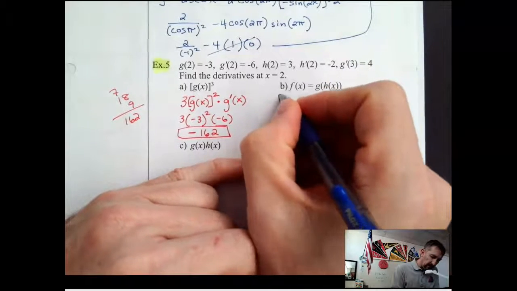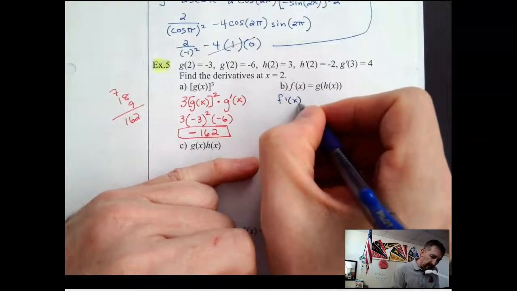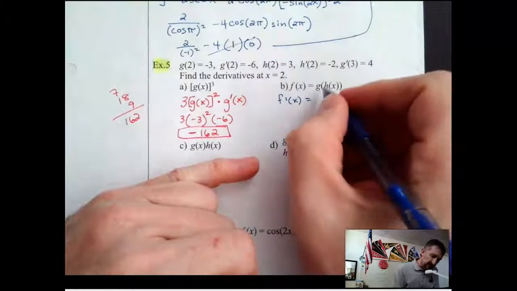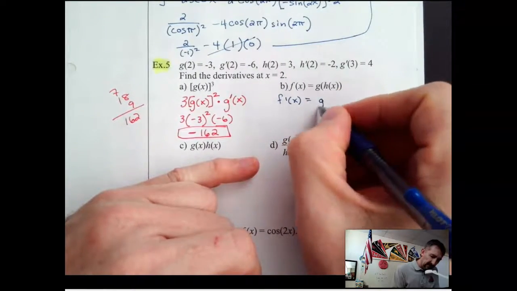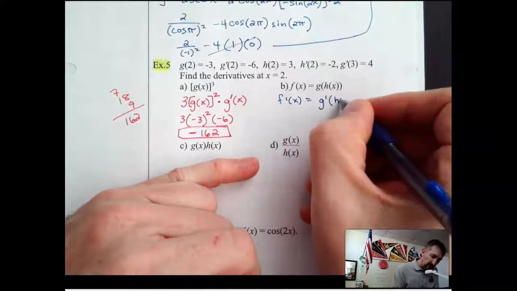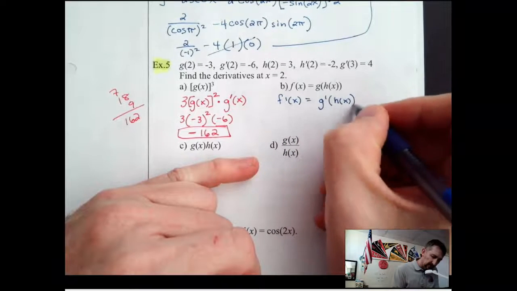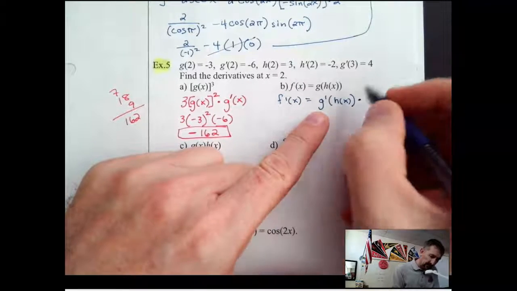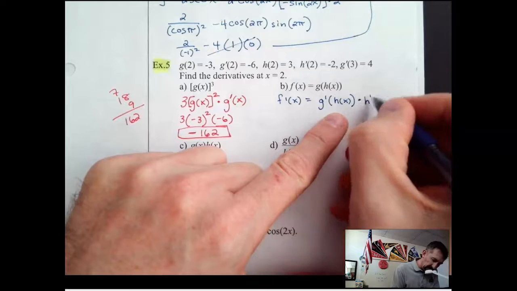Now we're going to do f prime of x equals. That doesn't really come into play. Here, the derivative of the outside is going to be g prime of h of x, and the inside stays the same. Now we have to multiply by the derivative of the inside.